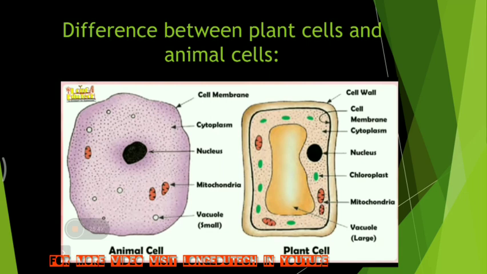Okay, so the nucleus is present in the center in the animal cell, but in the plant cell it is at the side.